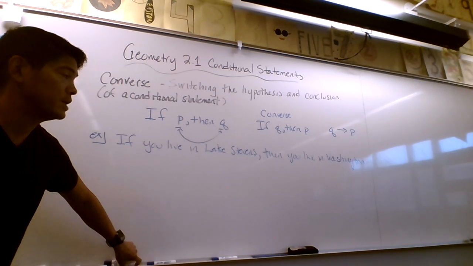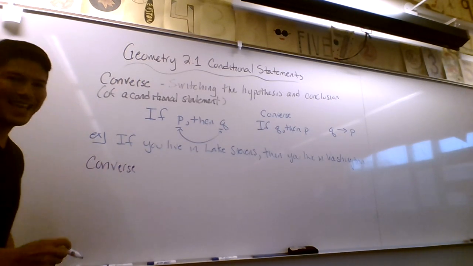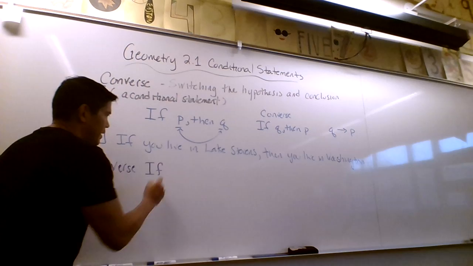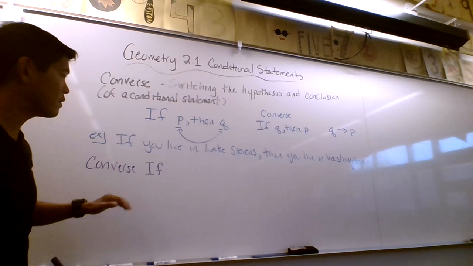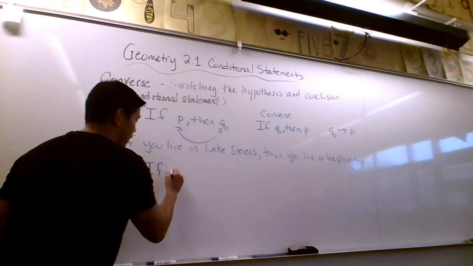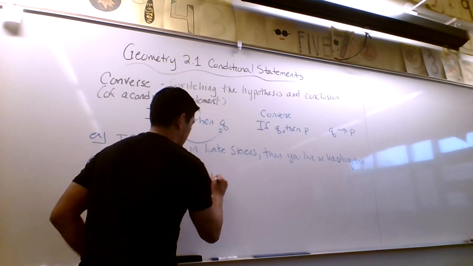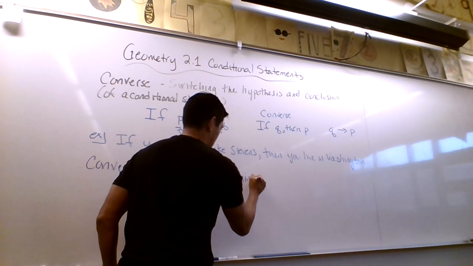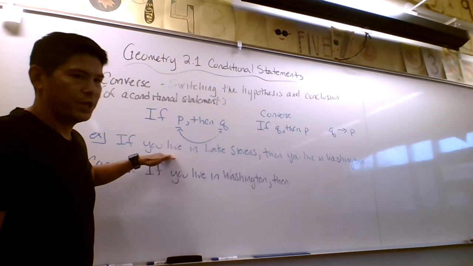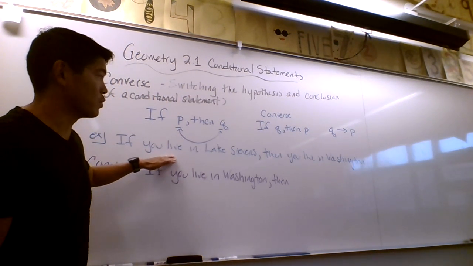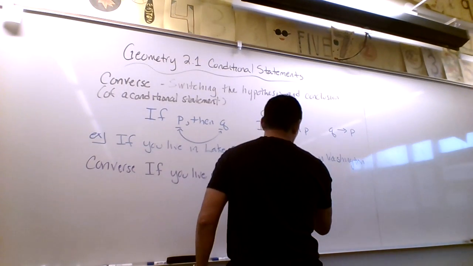So the converse of this statement still would be in if-then form, but now Q, the conclusion, you live in Washington, for the converse, that would become the hypothesis. So if you live in Washington, then the original hypothesis of your original conditional statement becomes the conclusion of the converse. So then you live in Lake Stevens.